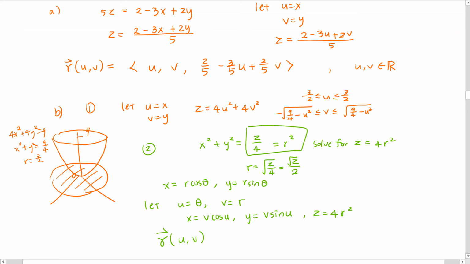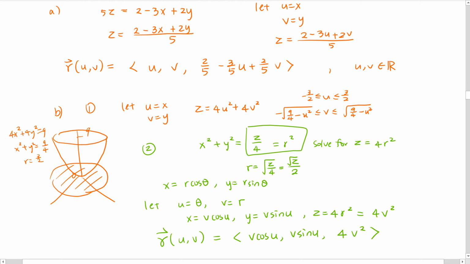But here, to avoid abuse of notation with the radius r, let's call this gamma. Gamma has x equals v cosine u, y equals v sine u, and z equals 4v squared, since r is v.